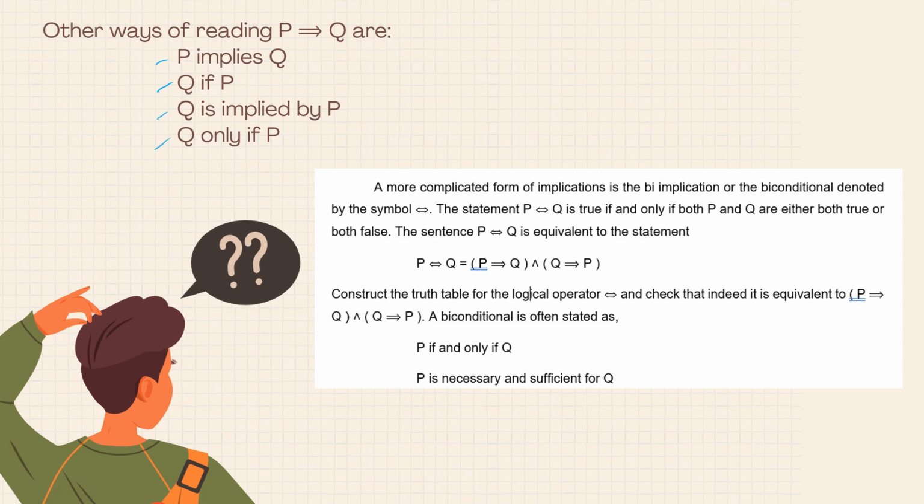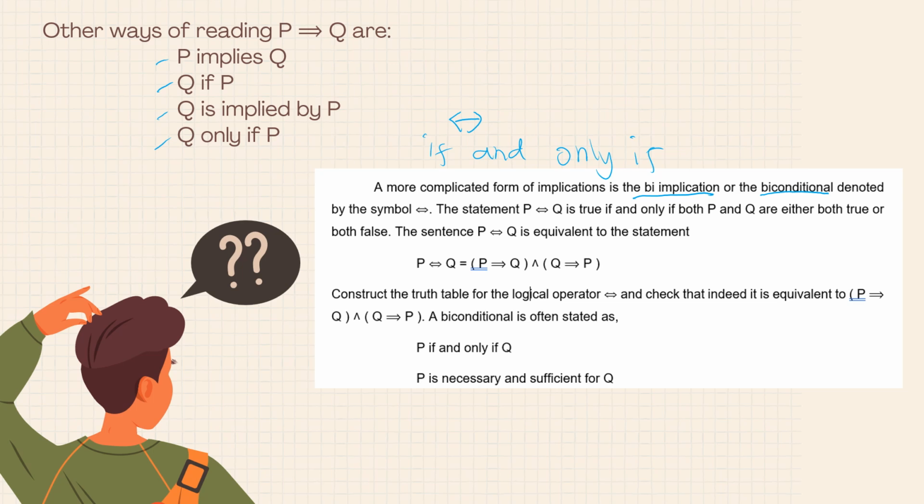Other ways of reading if P then Q are P implies Q, Q if P, Q is implied by P, Q only if P. So a more complicated form of implication is the biconditional. It is denoted by this symbol and can be read as if and only if.